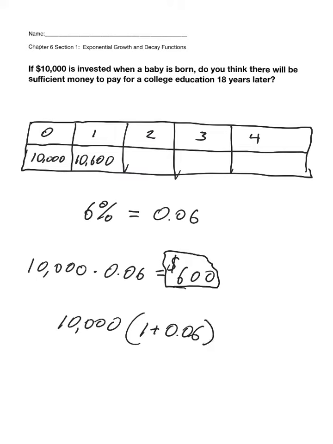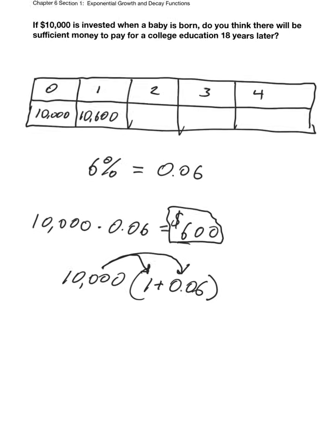When I do that, I'm multiplying the 10,000 by 1, so that 1 gives me the investment money that I had, and then it adds the 600. So oftentimes when we're dealing with investment formulas, we add 1 to the interest rate, and that just helps us compute it.